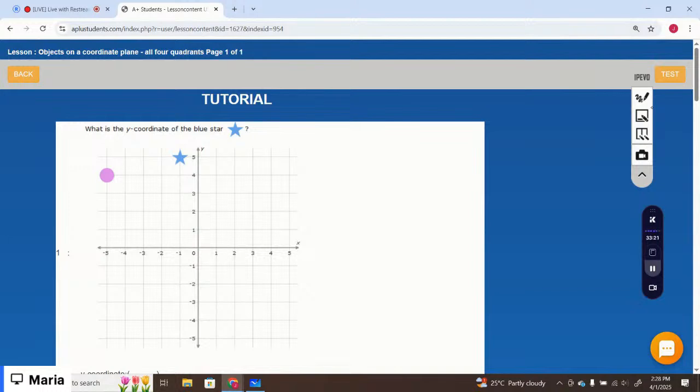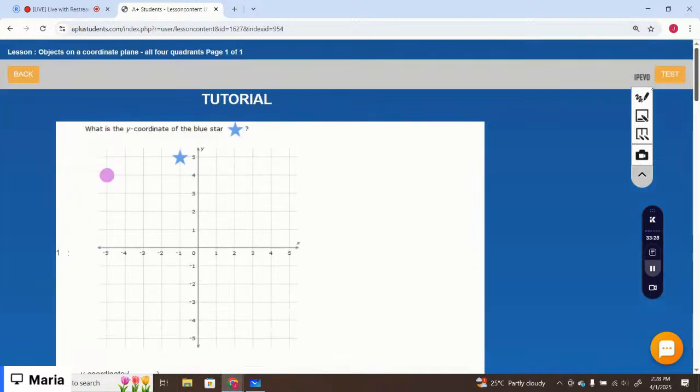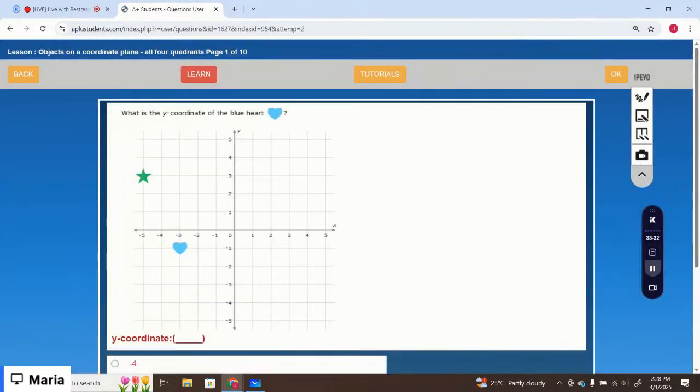What are the y coordinates of the blue star? Here is the blue star. The y coordinate of the blue star is 5. Let's just start with the test questions.